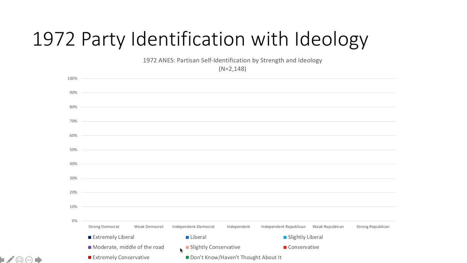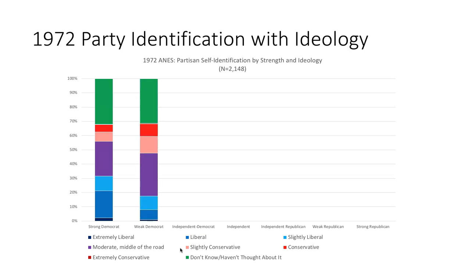In 1972, for strong Democrats, you see over 30% haven't really given a whole lot of thought, but you do have over 30% identifying in some way as a liberal. A good number are moderate, middle of the road. As you move down the partisan identification levels, from strong Democrat to weak Democrat, the number of liberals has dropped.